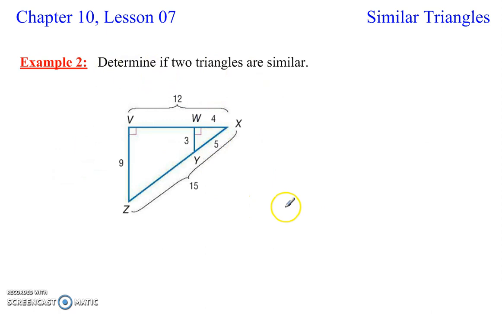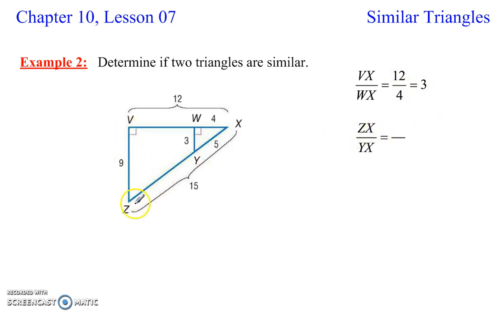Alright, determine if the two triangles are similar. Remember, we can either check angles or we can check proportions. In this case, we're given the lengths of the sides, so we'll check proportions. I'm going to take this long side, VX, and compare that to the corresponding side in the small triangle, WX. So that gives me 12 over 4, and then I can simplify that or divide it, and I get a ratio of 3.